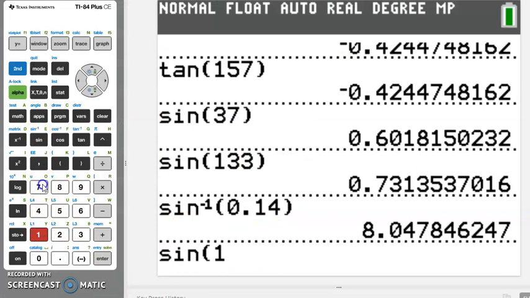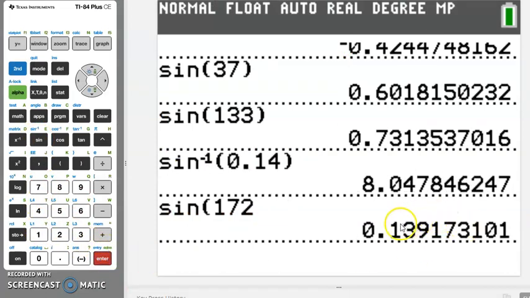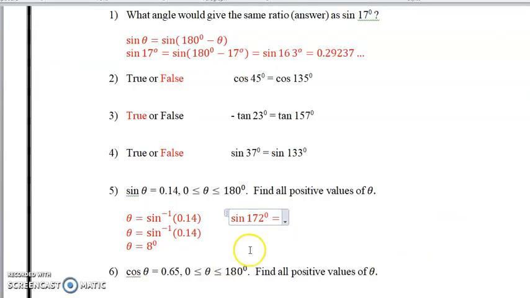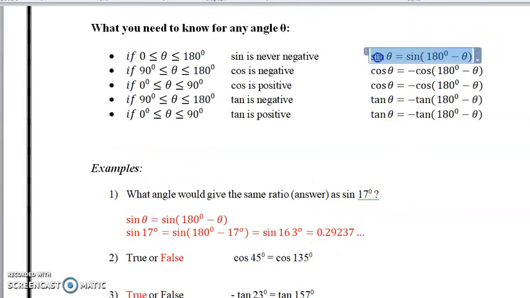And we get the same thing. If we round that to 2 places, it would be 0.14. Those are the possibilities. There are more values, but between 0 and 180, that will give you a positive 0.14, which is right here.